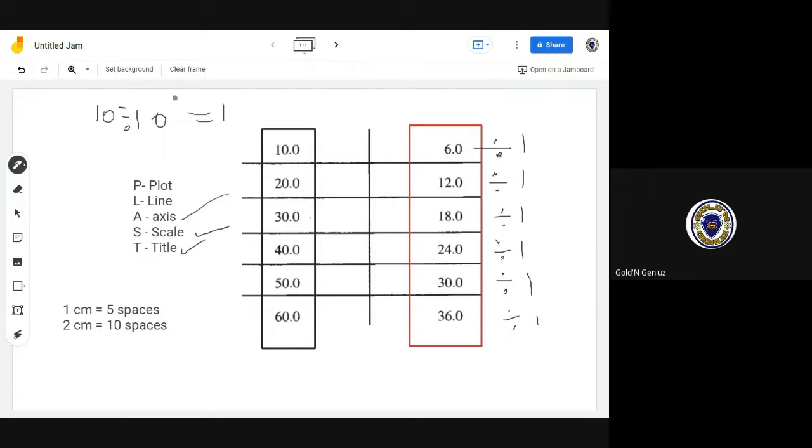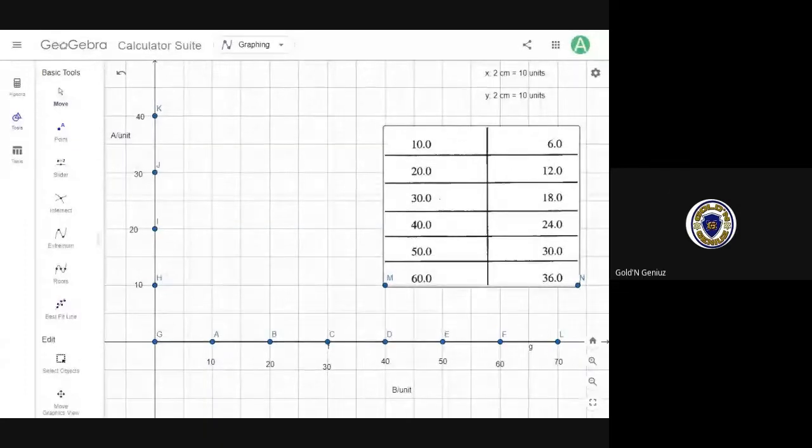For the principle, I have 10 spaces going up on the y-axis. My first unit that I see is 10. So I divide that 10 units by the 10 spaces. I get 1. All these values in this column would have been divided by 1. And when I divide that by 1, I start getting my values.